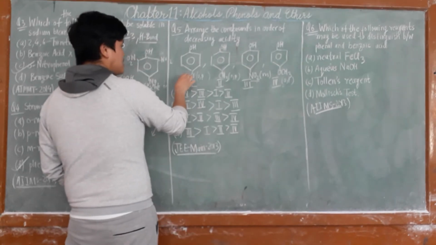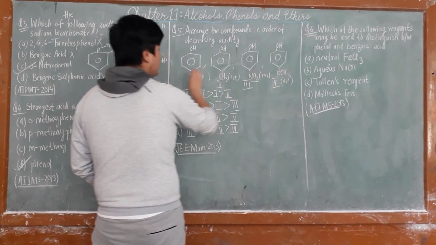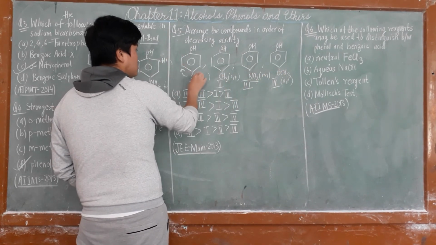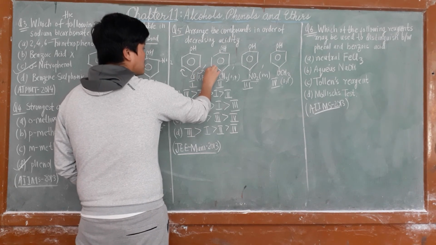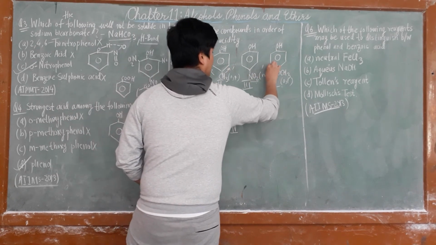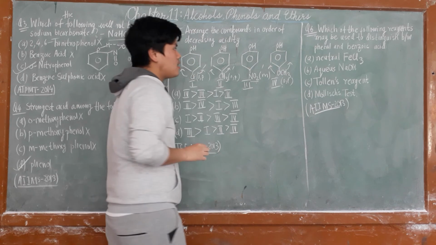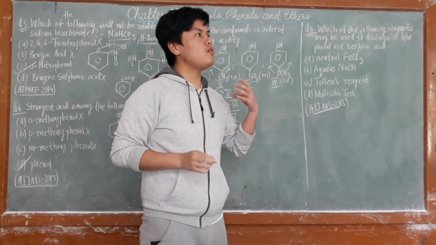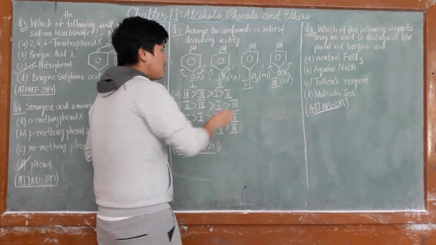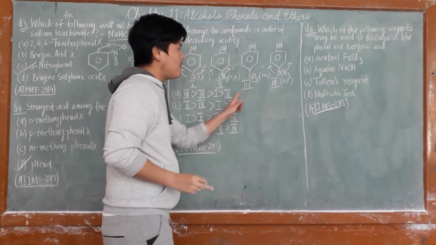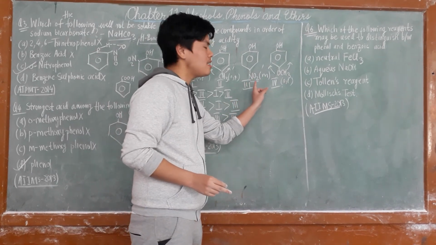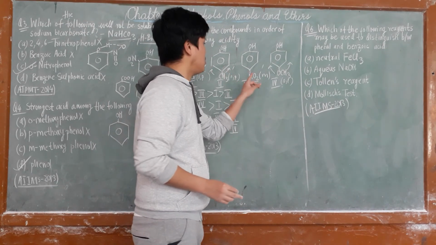That means CH3 and OCH3 will donate electrons towards the benzene ring, so acidity decreases. Only NO2 is meta directing, and in fact the strongest meta directing substituent in organic chemistry.